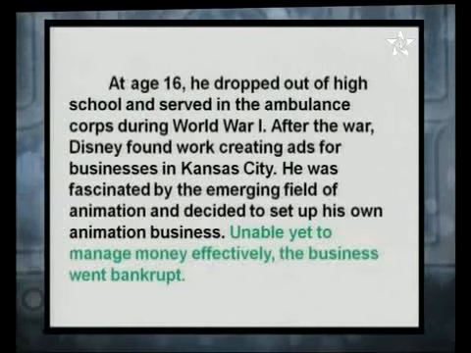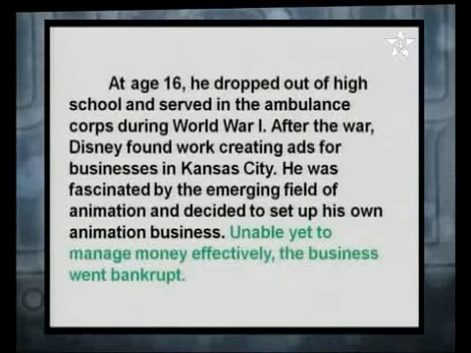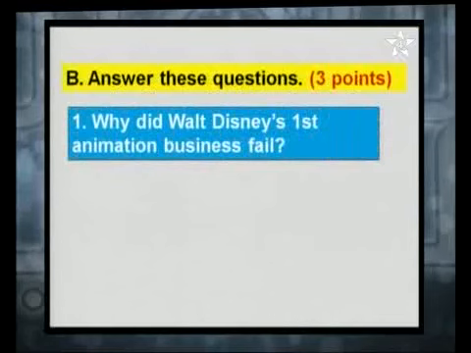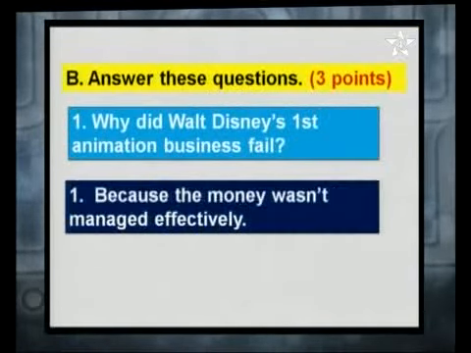Here we are. Unable yet to manage the money effectively, the business went bankrupt. That's the answer. So the question is why did Walt Disney's first animation business fail? The answer is because the money wasn't managed effectively. This is how you should write your answers on the exam.